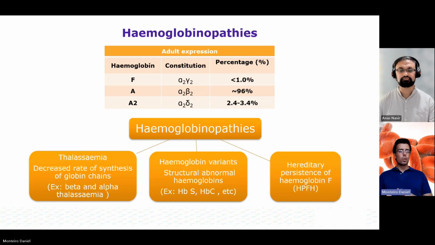There are other components, and I left them a bit out of the main components, which are, for example, when you start to produce normal hemoglobins, but in an unusual amount that you would not expect to produce, for example, in adulthood. I said that you expect to find very small fractions of hemoglobin F or none at all. But sometimes you have mutations that will actually produce a lot of it, even in adulthood.